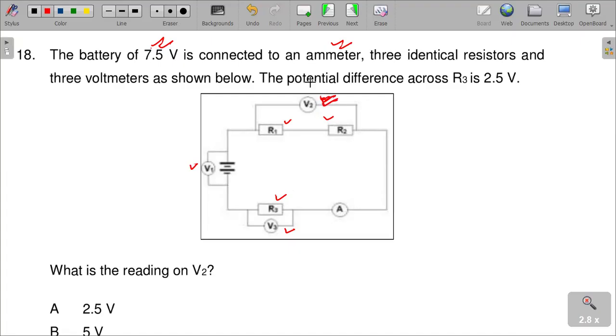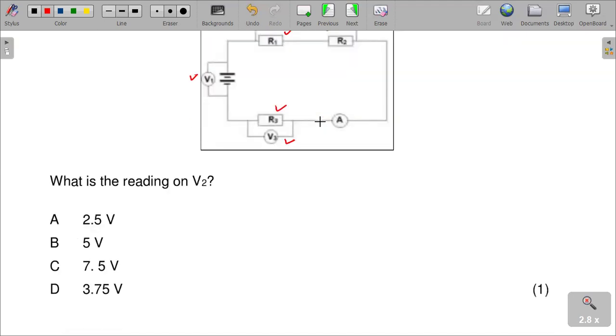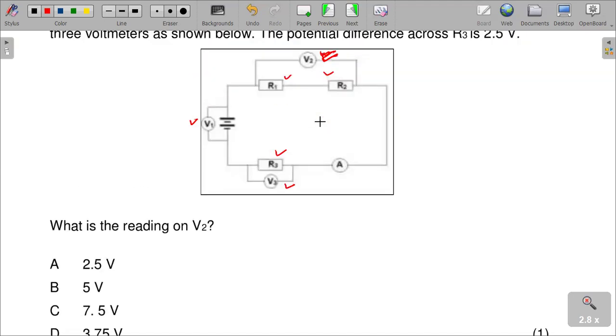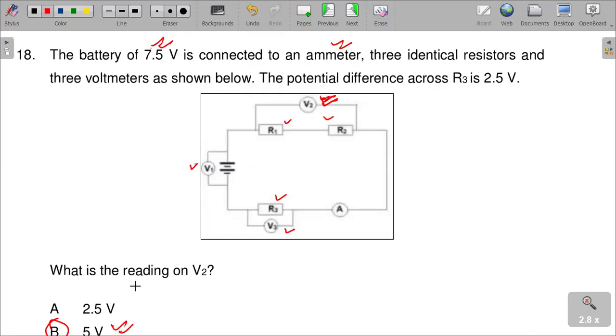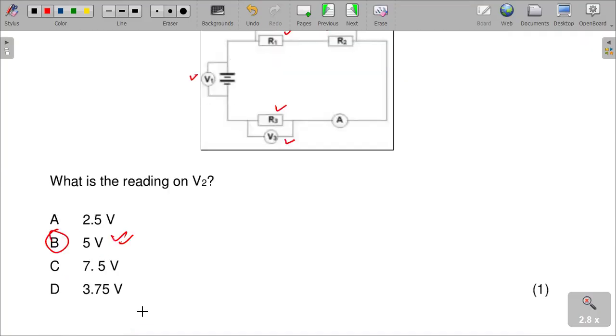The potential difference across it is 2.5. So V2 covers 2 of the resistors, therefore the potential difference should be 5 volts, which is letter B.